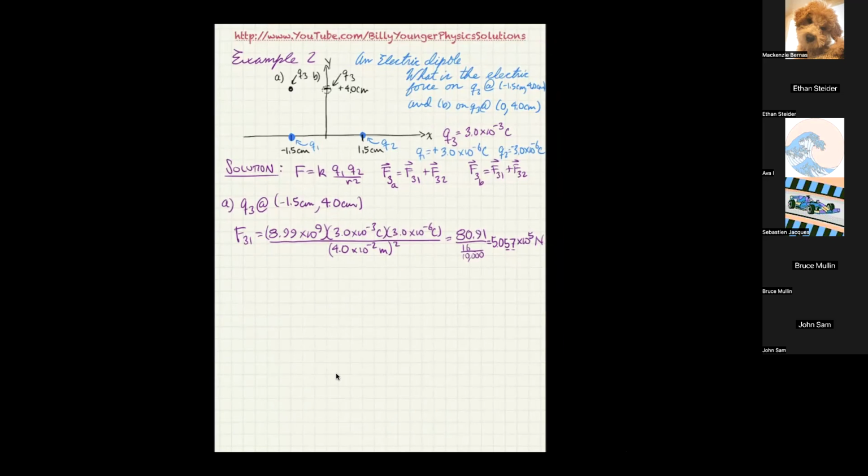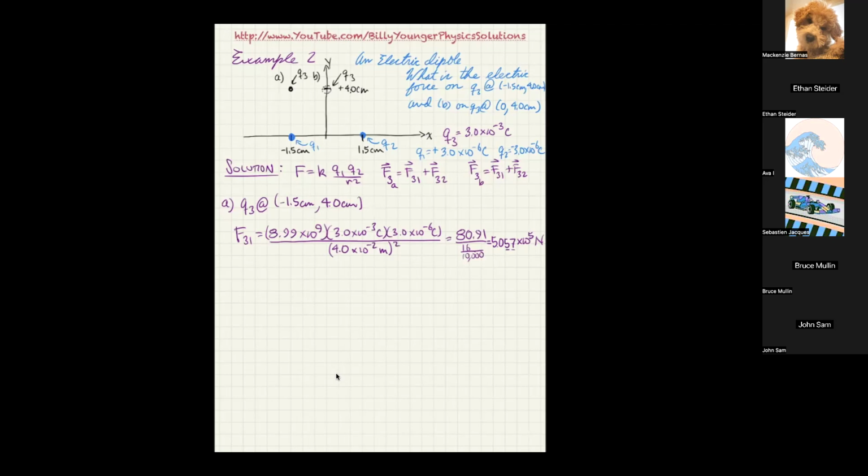Notice Q1 is positive, and notice that Q3 is also positive. So the force is repulsive or attractive? Say it one more time. Repulsive. Exactly. So that means, remember, they always act along the line connecting them.